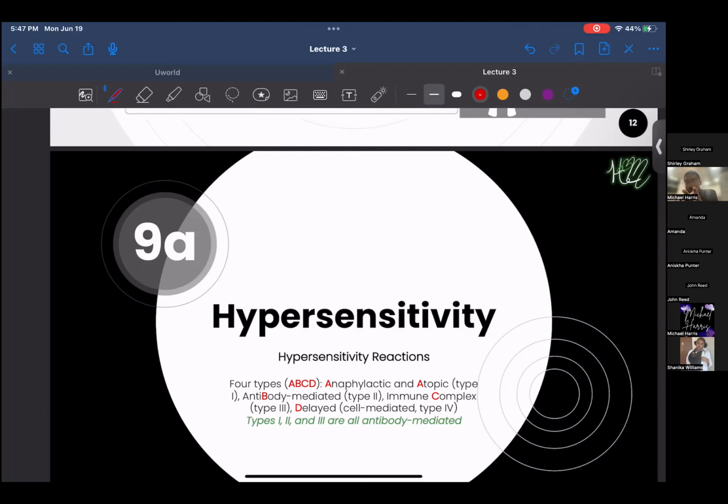Now, with that being said, type 1, type 2, type 3 are antibody-led. Type 4 is adaptive immunity-led with CD4 and CD8. Okay. So, with that being said, which one of these do you think is going to take longer to work? The guys that are antibody-led or the guys that deal with adaptive immunity?